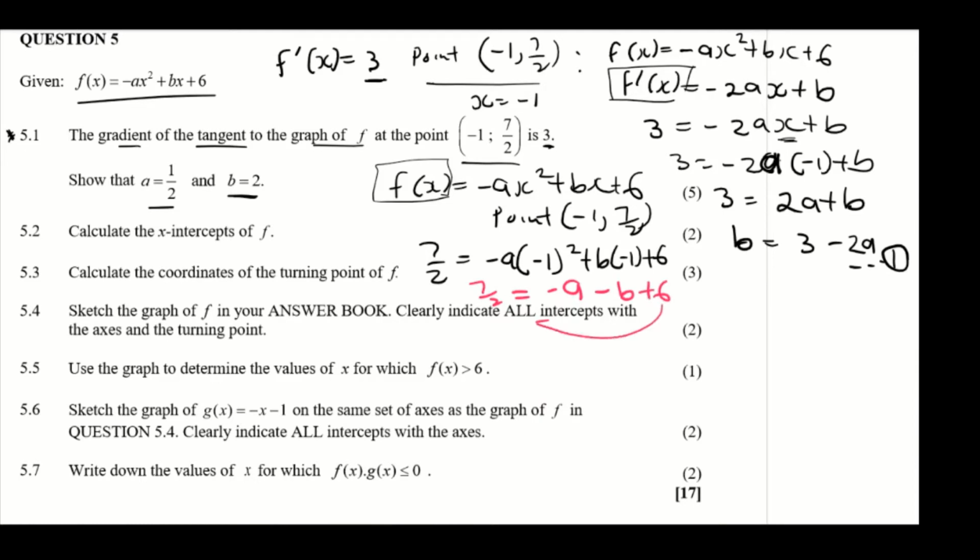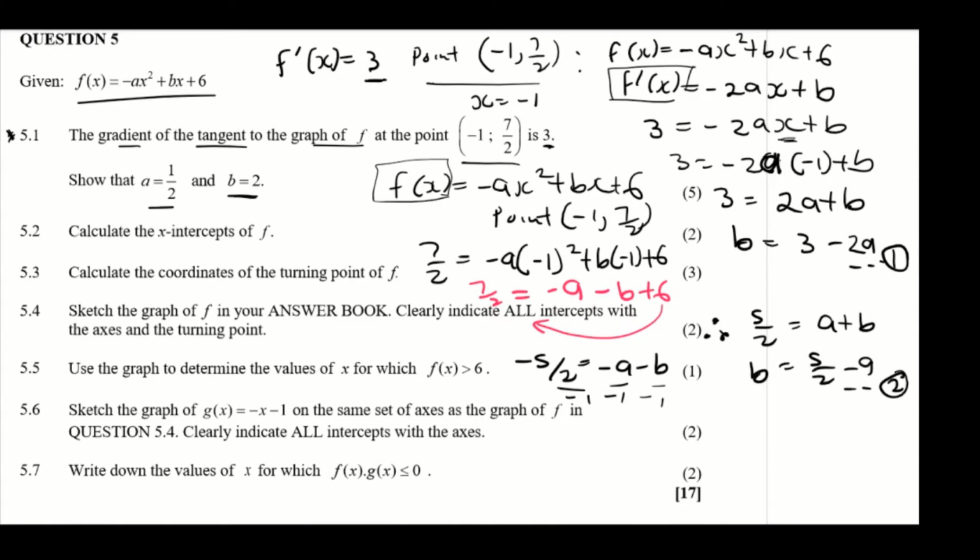Then you transpose the 6 to the other side, and you have -5/2 equals -a minus b. Then you divide all sides by negative, and you have 5/2 equals a plus b. Then you write it in terms of b: b equals 5/2 minus a. This is your equation 2.